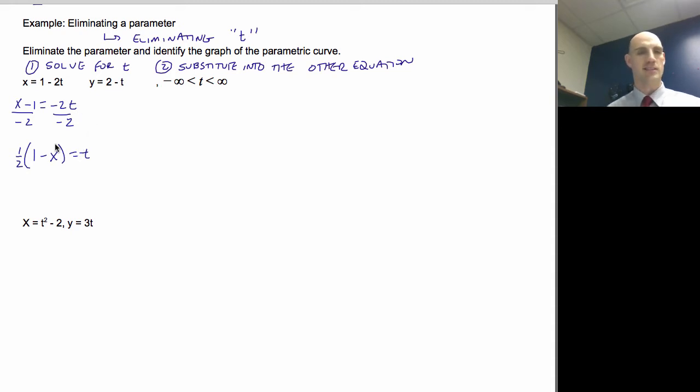I have to substitute this back into my other equation. So I'm going to have y equals 2 minus 1/2 times (1 minus x). So 1/2 times 1 would be a half, so 2 minus a half would be 1.5. And this would be minus a minus, so minus 1/2 times minus x would be plus 1/2 x.